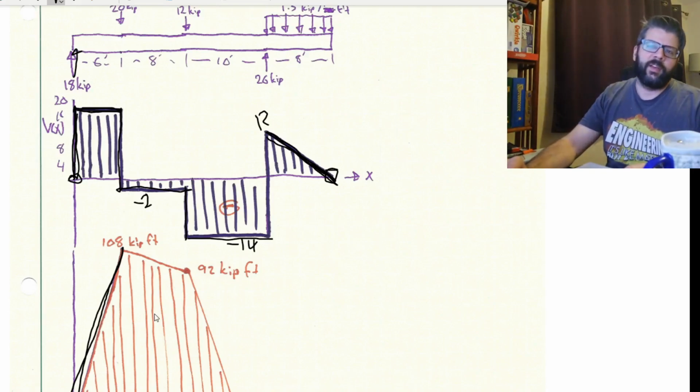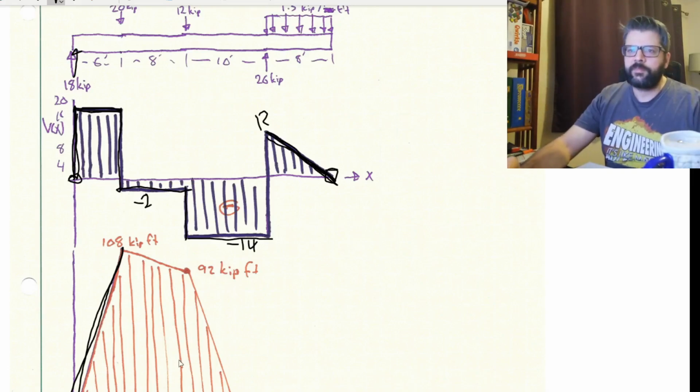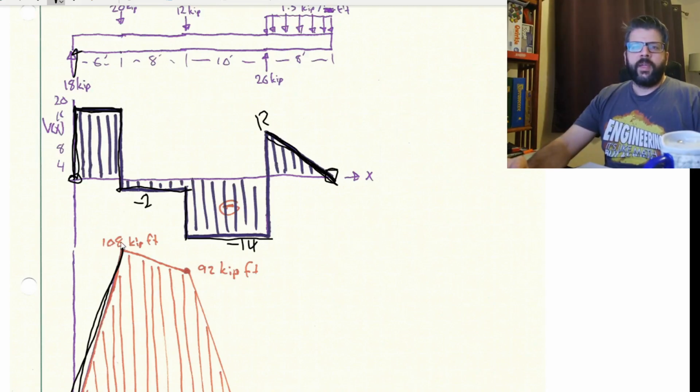So the feet cancel out, and the value of the slope is just your shear load, -2 kips. So working from our 108, we subtract 2 times the span here. So 2 times 8, 108 minus 16 gives us 92 kip-feet. So that's the value here.